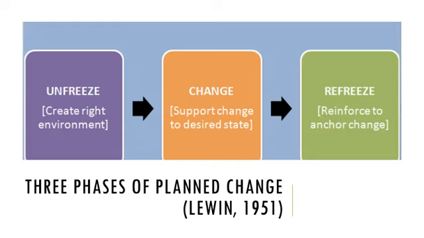The unfreezing part is when the change agent convinces the members or the people impacted, the stakeholders, that change needs to happen. And the important element of this is to make sure that the need for change is perceived by everybody affected by the problem. That everybody says, yep, there's a problem, because you have to have everybody willing to move, which is the unfreezing piece, before they get to move.